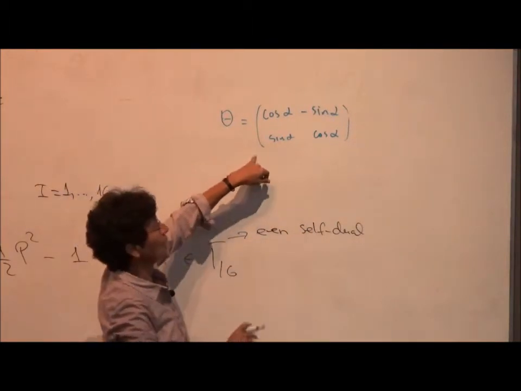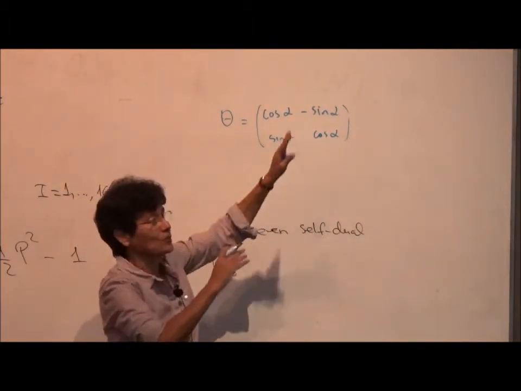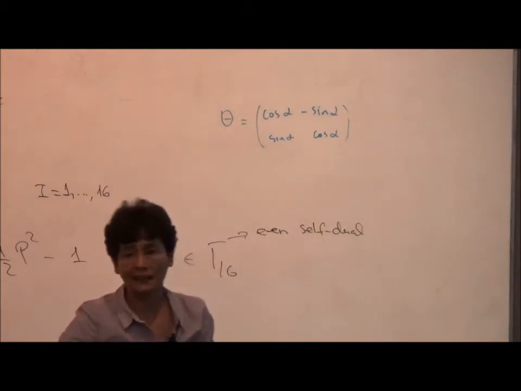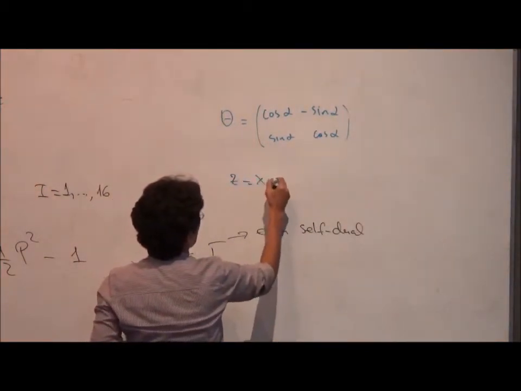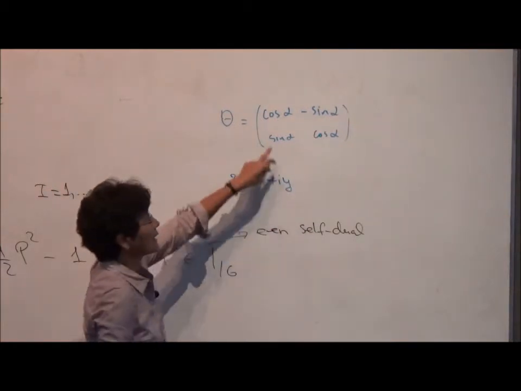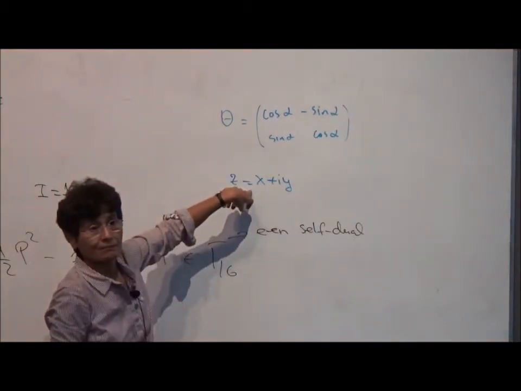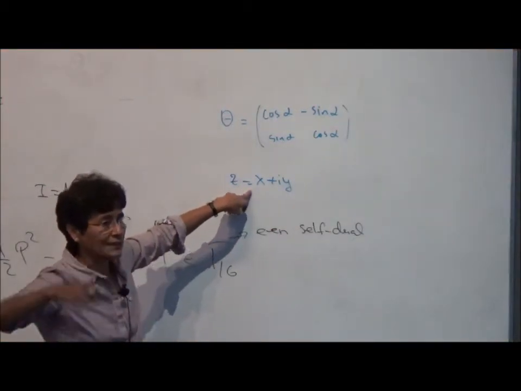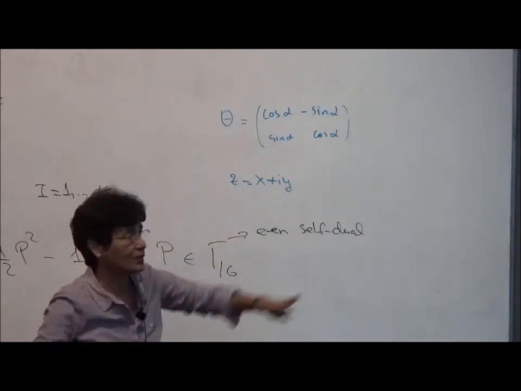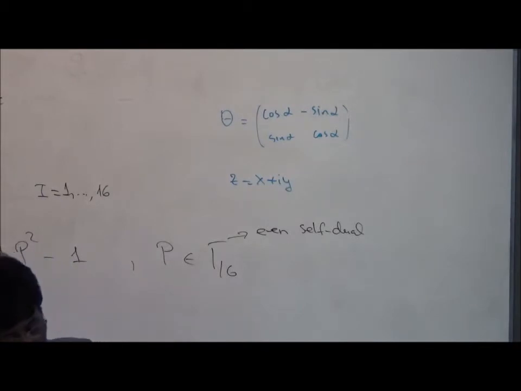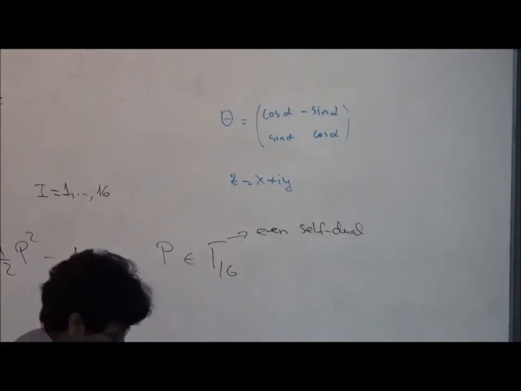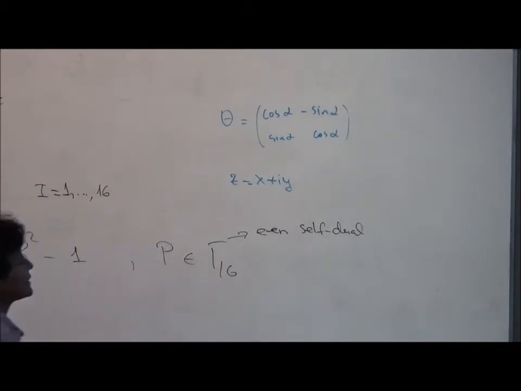And if you do the action with this matrix, you can do the action on x and y. But then if you do a z, x plus i y, what is the action of this? It would be e to the i alpha z. So this is the same thing.